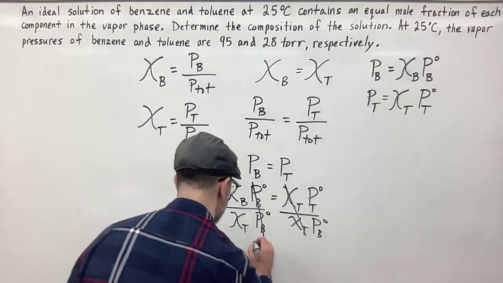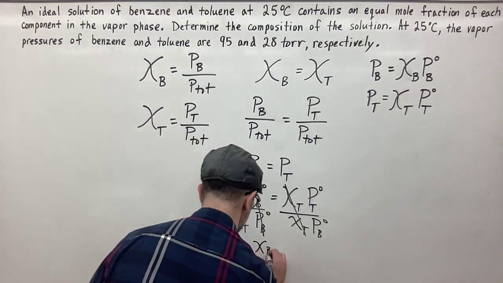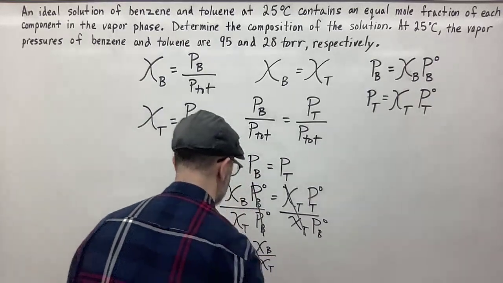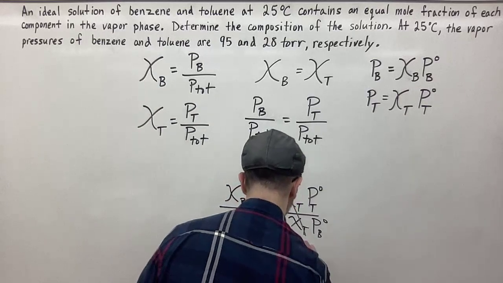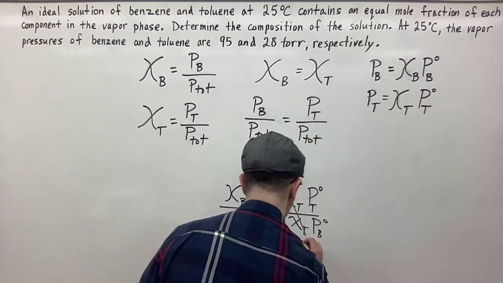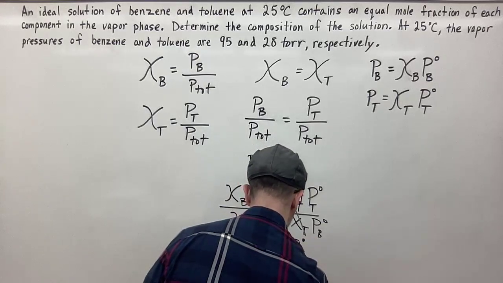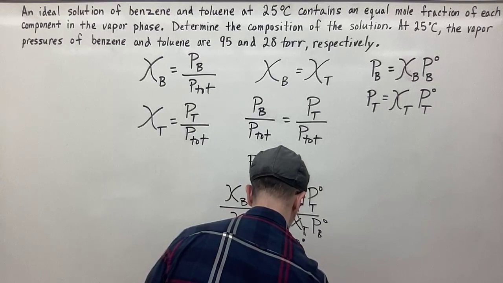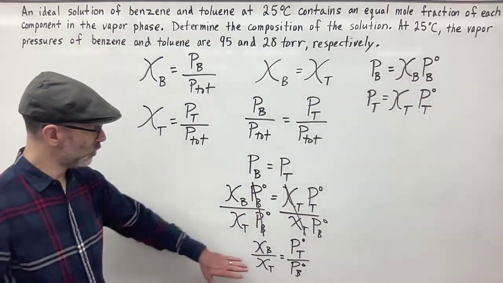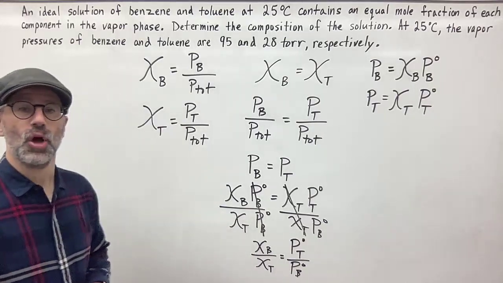And so we end up with the mole fraction of benzene over the mole fraction of toluene is equal to the vapor pressure of toluene over the vapor pressure of benzene.